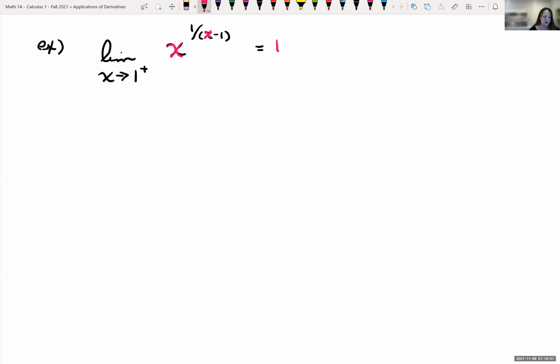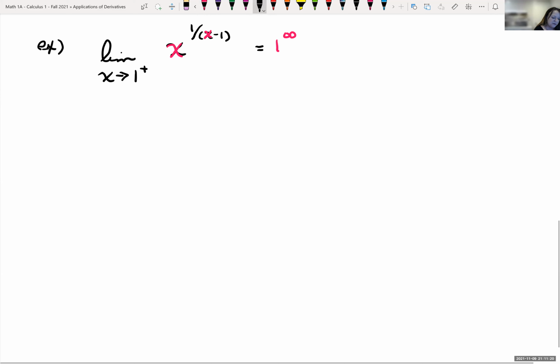And then our exponent, 1 over 1 coming in on the right-hand side, that denominator is going to 0. So 1 over something going to 0 goes to infinity. So we have that indeterminate form of 1 to the infinity. Okay, so this is where we're going to want to use natural logs to help us.